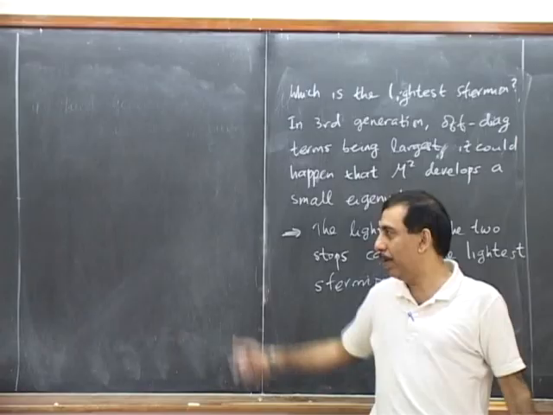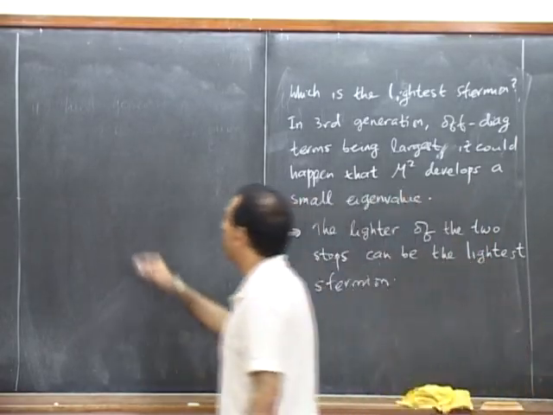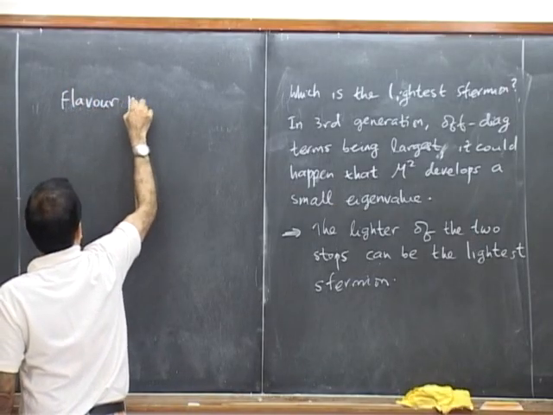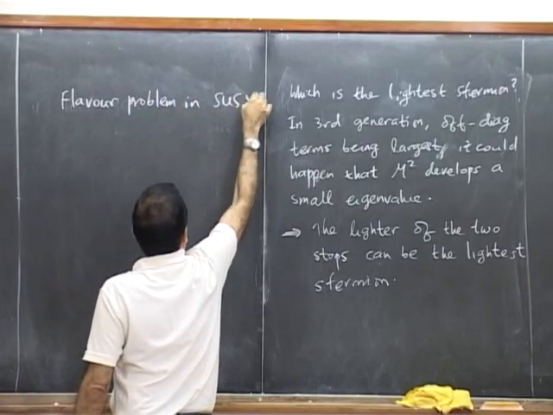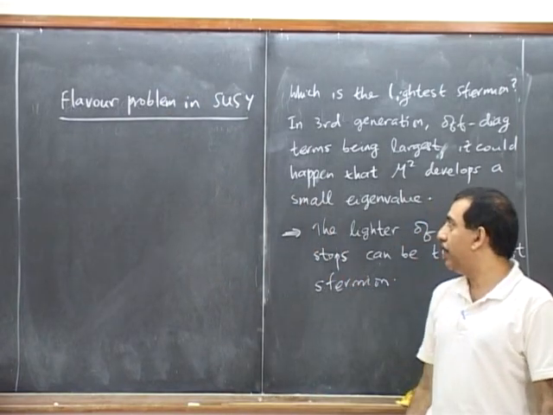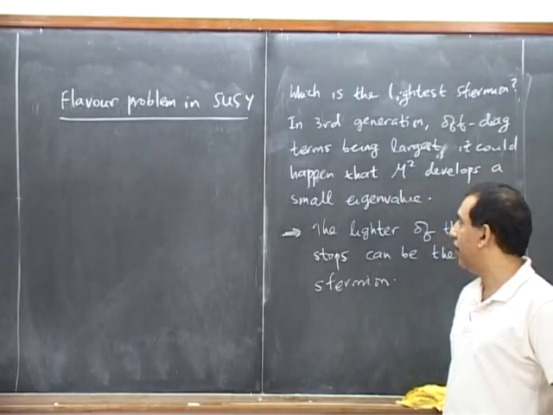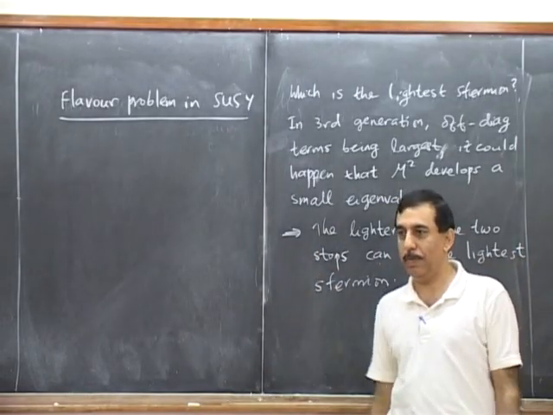And we'll see now in a moment that right now this model potentially runs into an experimental problem which is called the flavor problem. And I'll explain this in a moment. And then we'll see that if we want to get around the flavor problem, then we have to make some assumption, and there are 3 classes of assumptions you can make on these parameters to solve the flavor problem.